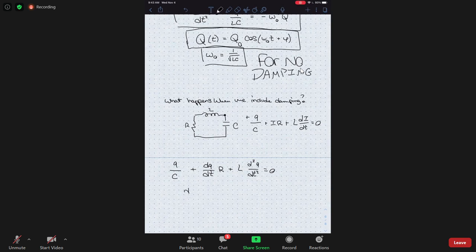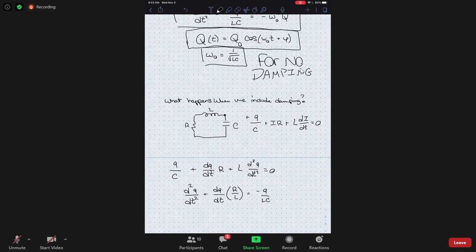So we have d squared Q over dt squared plus R over L dQ over dt, since I'm basically dividing everything here, equal to minus Q over LC.